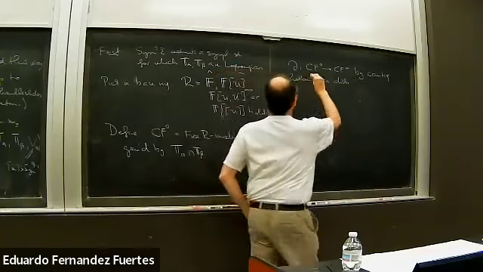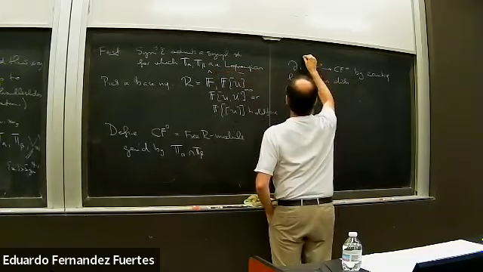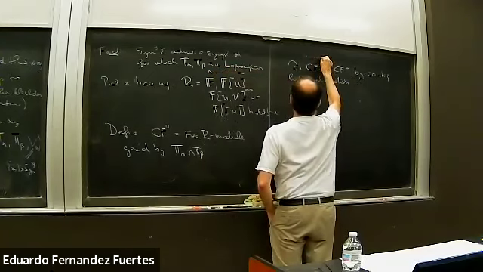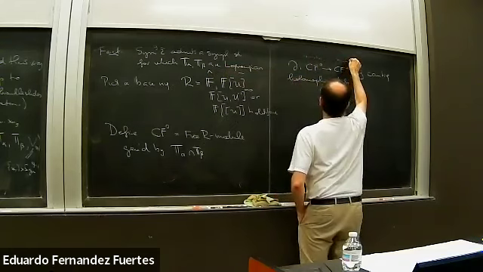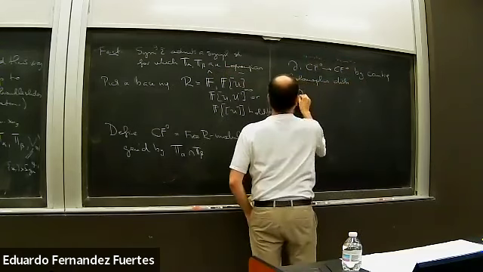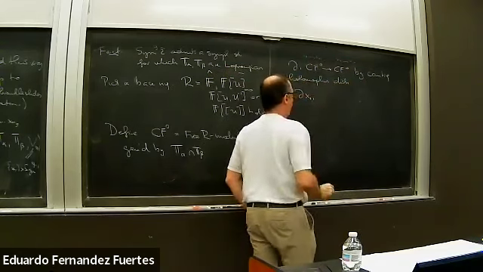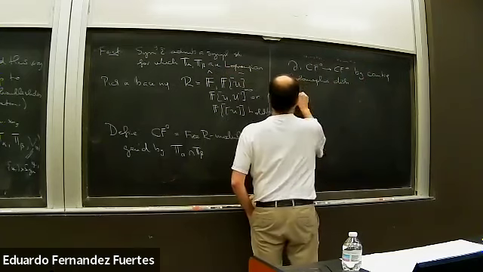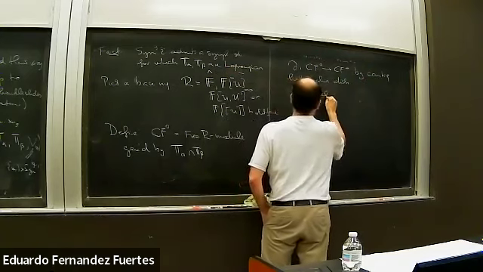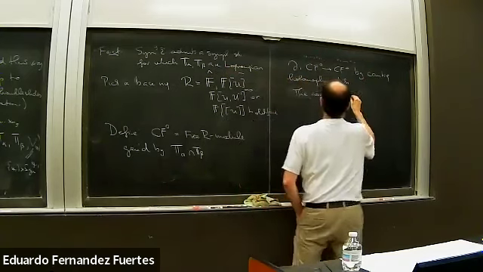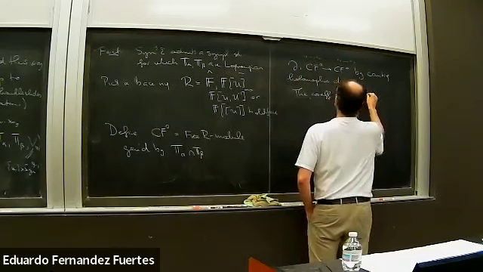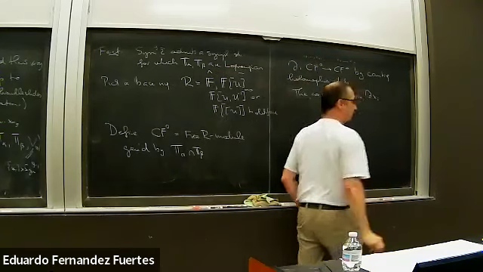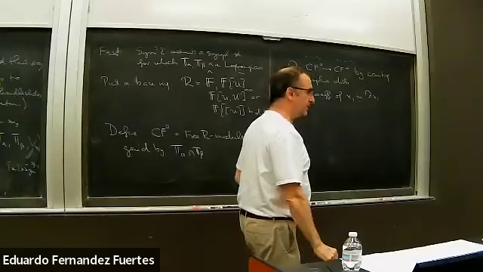I just remind you that this is generated by intersection points x1 up to xn, and so we have to specify what is the coefficient of xj in the boundary of xi. This is the number we would like to specify.